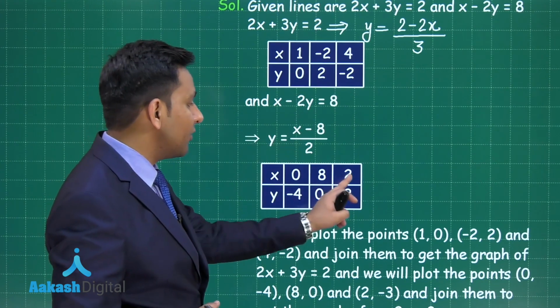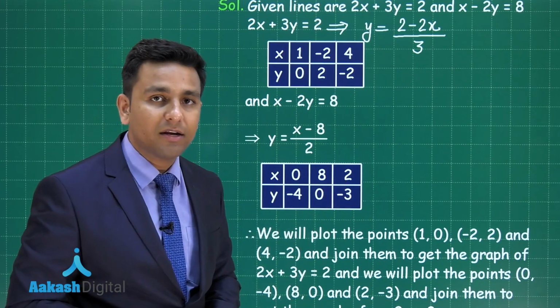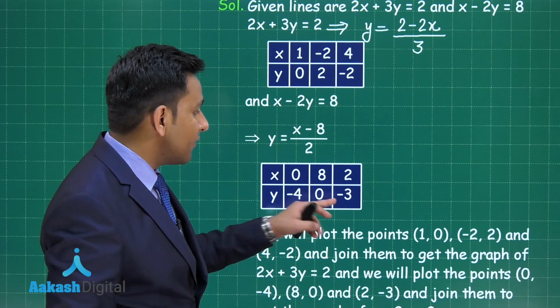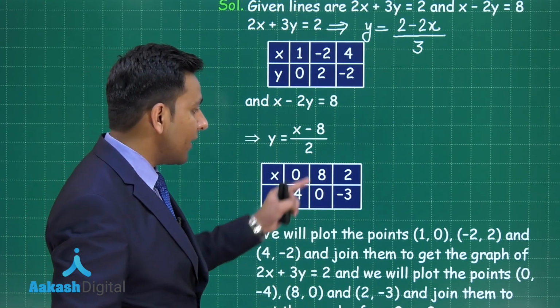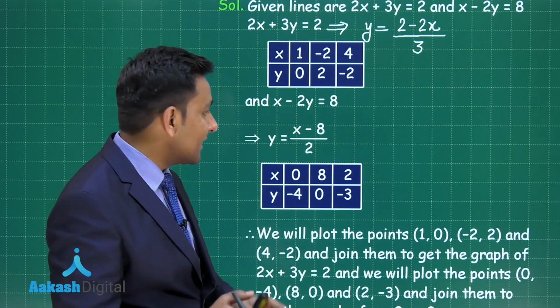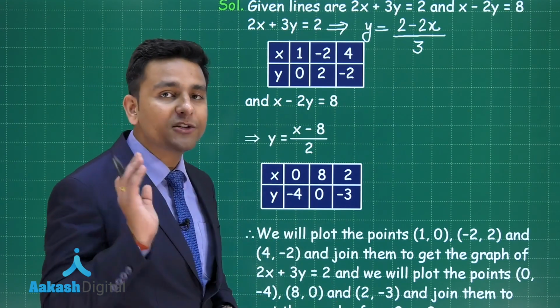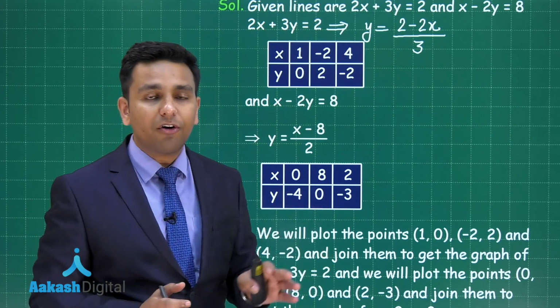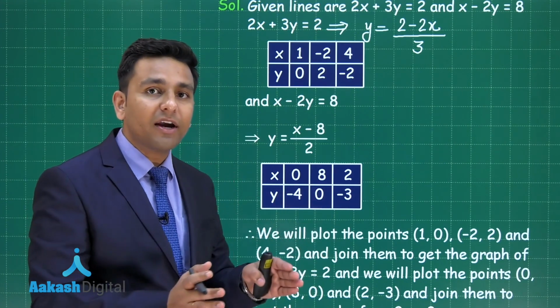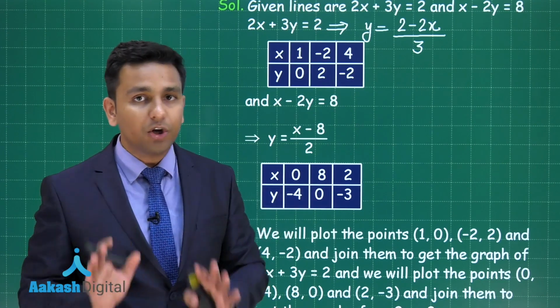When I put x is equal to 2, I am getting y is equal to minus 3. So these 3 points, whose coordinates are (0, minus 4), (8, 0) and (2, minus 3), satisfy this equation x minus 2y is equal to 8. So here we have the coordinates of points which satisfy equation 1 and equation 2.